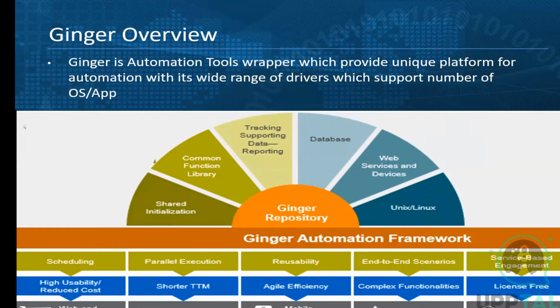How we can do data reporting, tracking, supporting, how we can integrate it with database, how we can do it via web service or API automation, how we can integrate via Unix or Linux. So these all 6 points are nothing but the key features of the Ginger repository or your Ginger tool, that you can have a shared initialization.